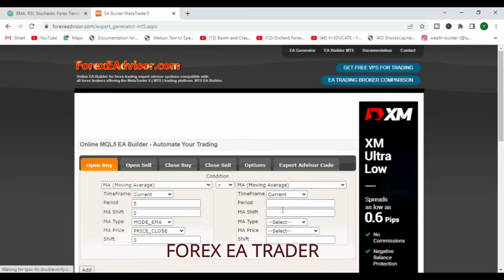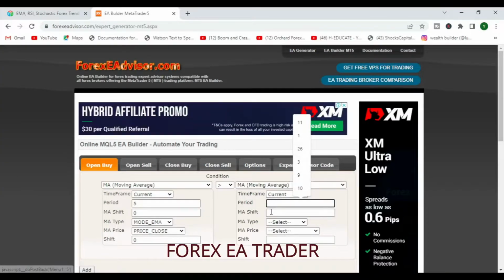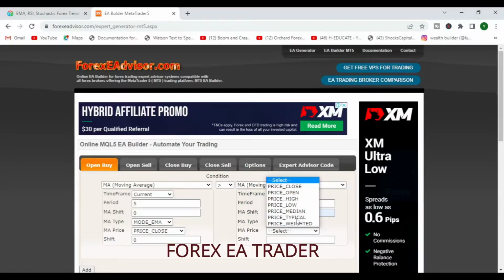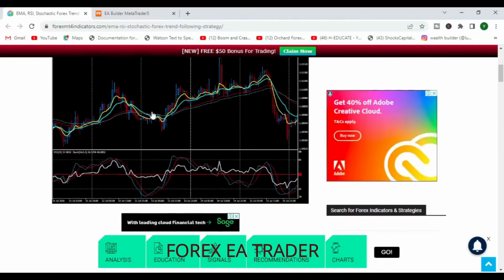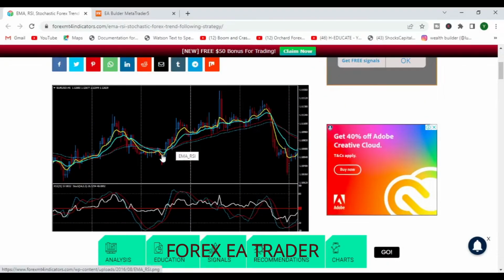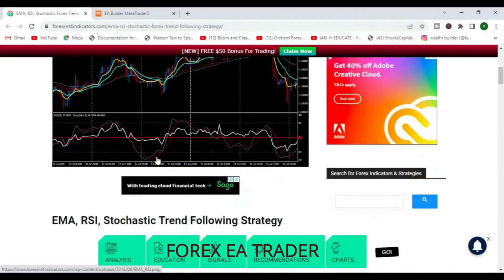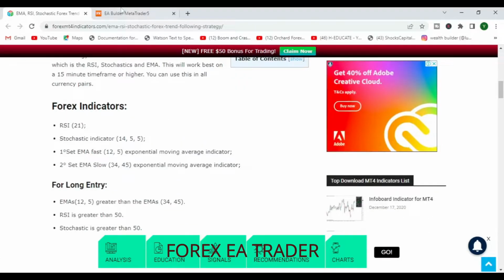Then we go in there and we find 12, and shift should be 0. Again, we're going to use EMA, and price is going to be close. Shift is going to be 0. That's the first moving average condition, and the 34 must be above the 45.